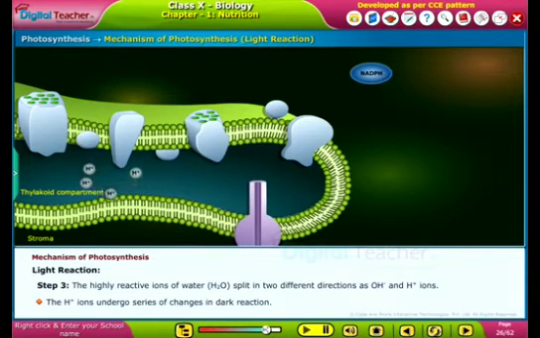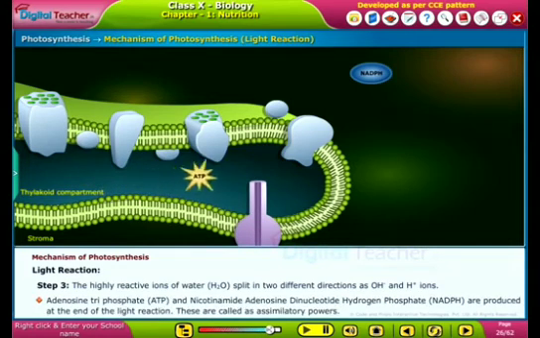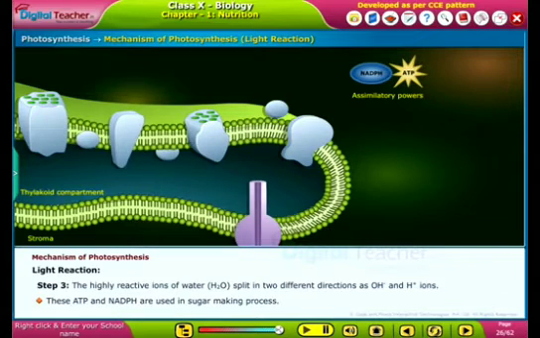The hydrogen ions undergo a series of changes in dark reaction. Adenosine triphosphate (ATP) and nicotinamide adenine dinucleotide phosphate hydrogen (NADPH) are produced at the end of the light reaction. These are called assimilatory powers. These ATP and NADPH are used in the sugar making process.